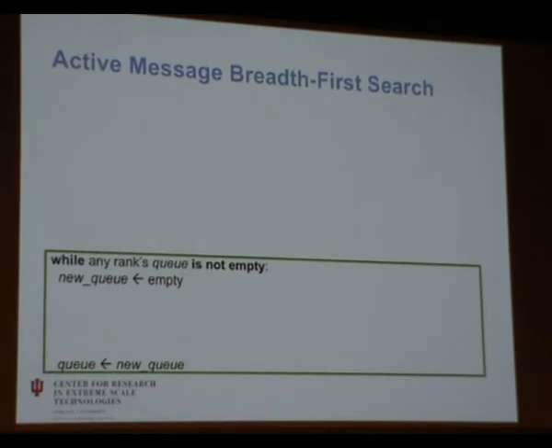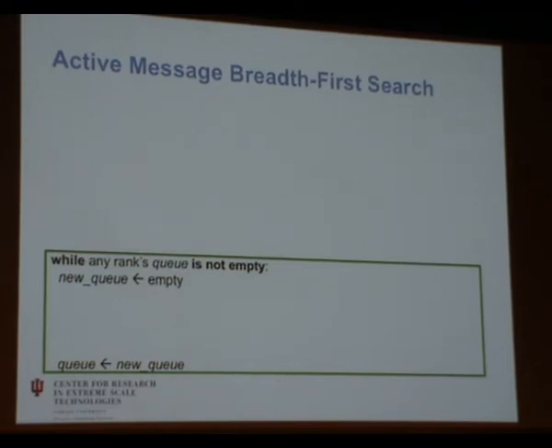Now, just to show an example of this, this is what breadth-first search looks like in an abstracted active message model. This is a level synchronized implementation. So you're going to do one level at a time with a global barrier between levels. And so you have two queues, an input and an output, and then you swap them after each level.